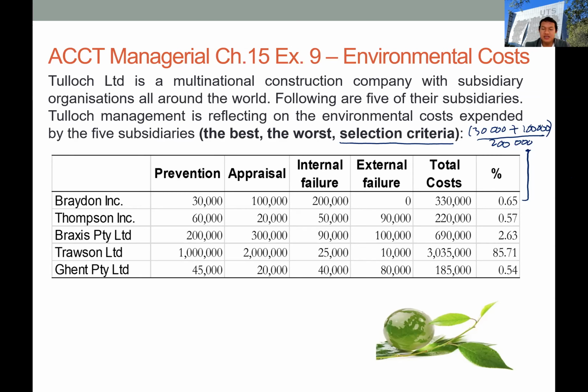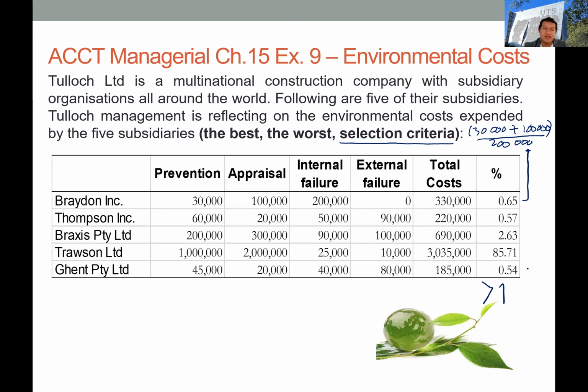This ratio should ideally be more than 1, because the prevention and appraisal cost is sufficient to cover any failure. So the best performing subsidiary should have this ratio greater than 1.